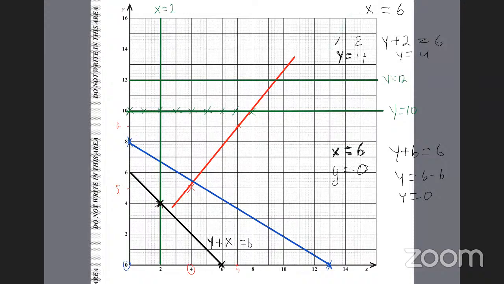Any questions online? I think I made a mistake. I removed a line there. Why did I do that?